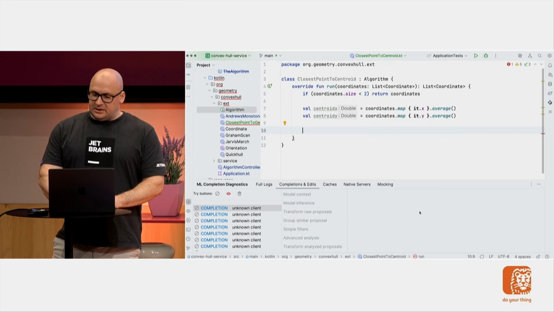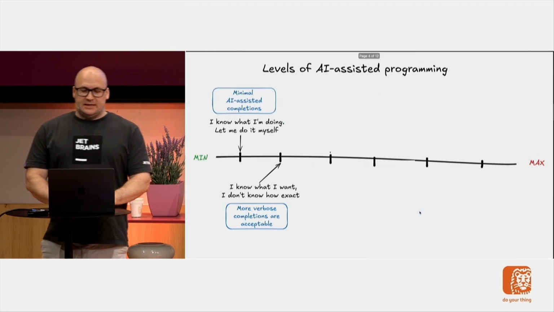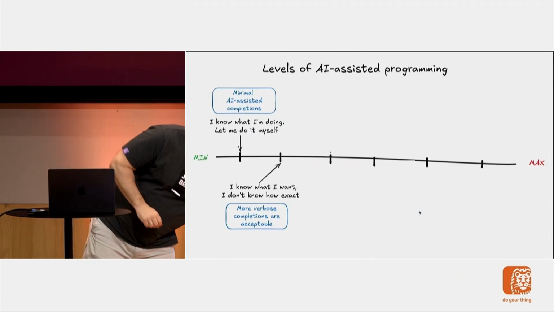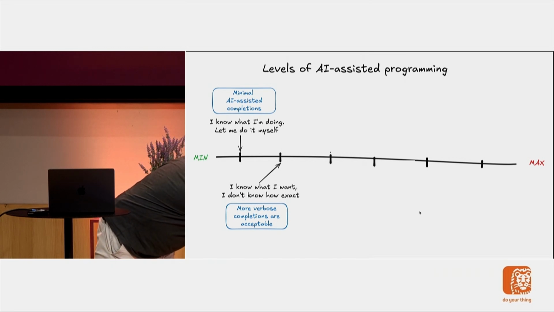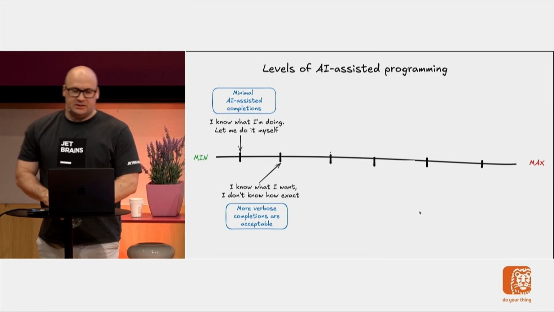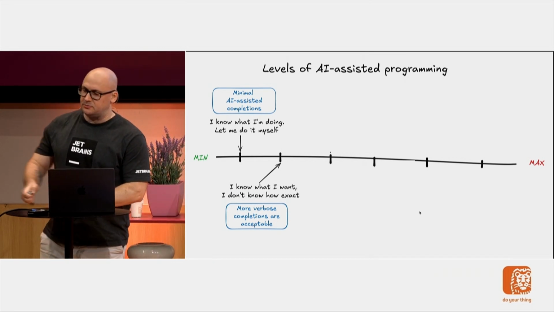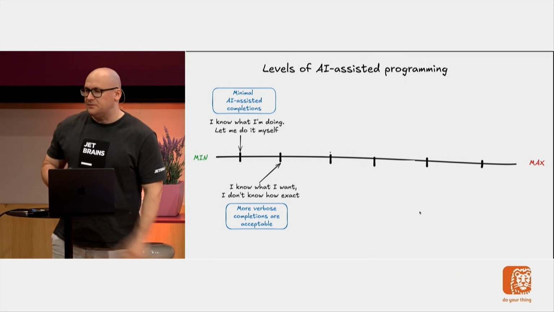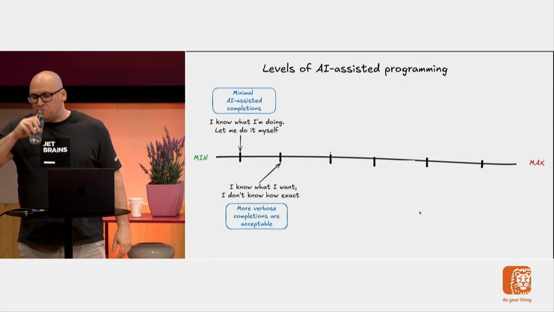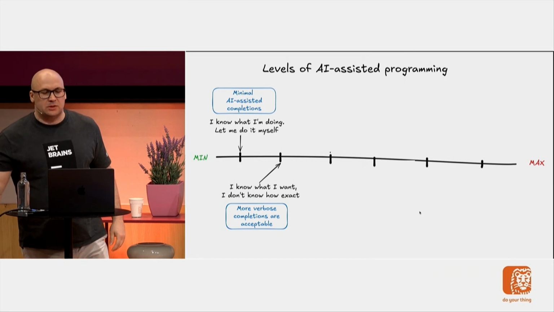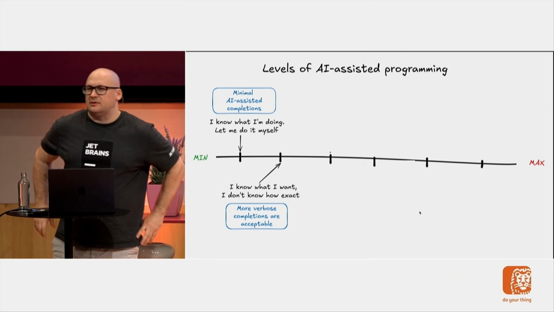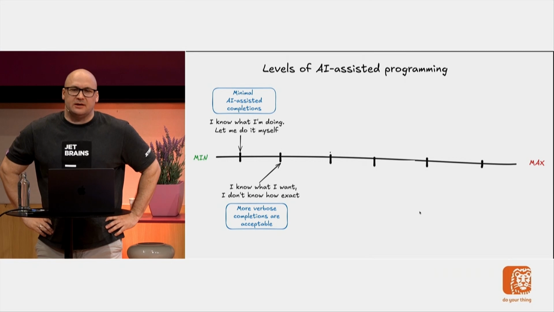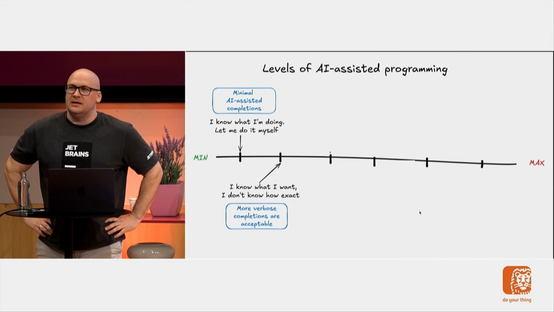So we are getting into the second stage. The second stage in the AI-assisted programming scale, where we kind of know what we want to get, but we either are lazy or we want to guide the tool with natural language.